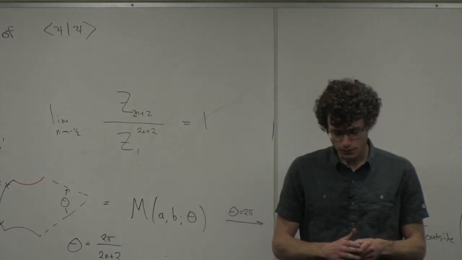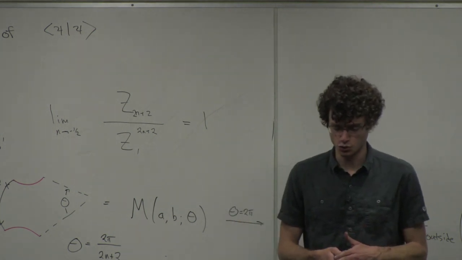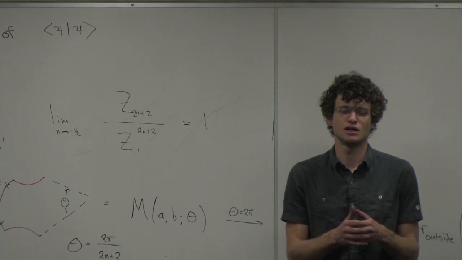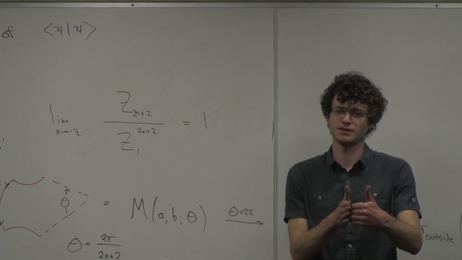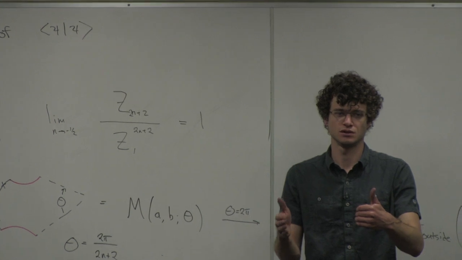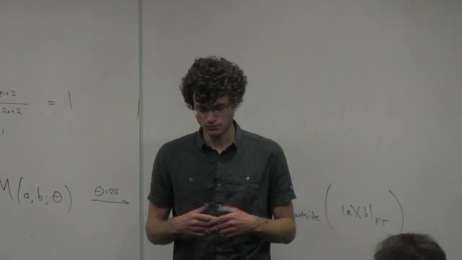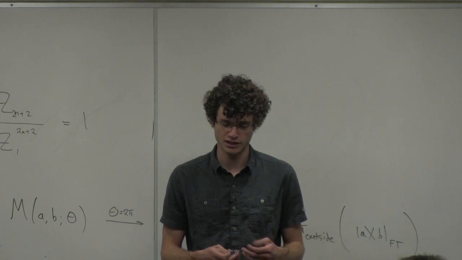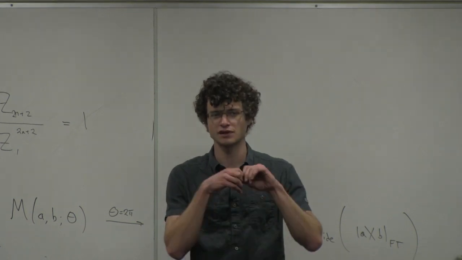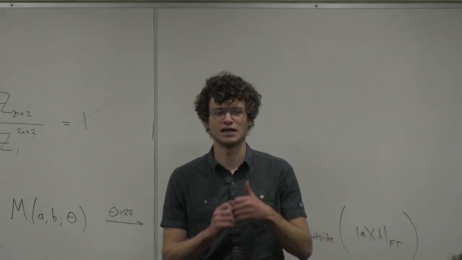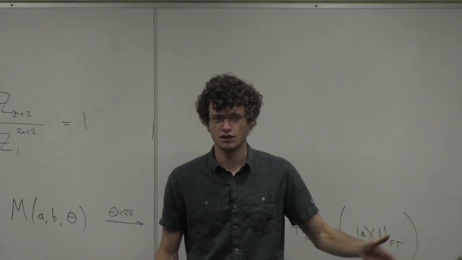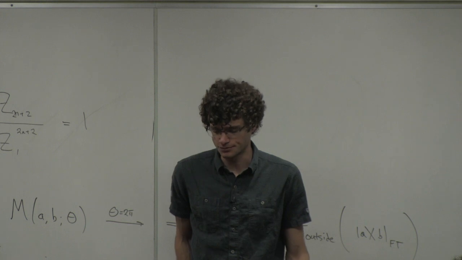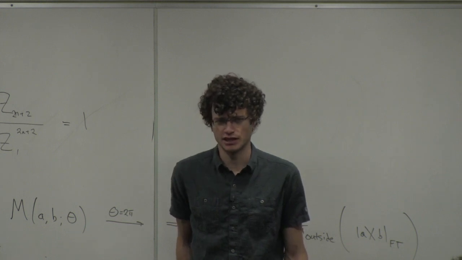And that's exactly the answer that you should expect, because tracing out the region outside the entanglement wedge is equivalent to just being able to describe the stuff inside the entanglement wedge. So the gravitational path integral reduces to a field theory computation that says basically you can reconstruct everything inside the entanglement wedge and nothing outside the entanglement wedge. And that's a general conclusion for any location of the entanglement wedge.